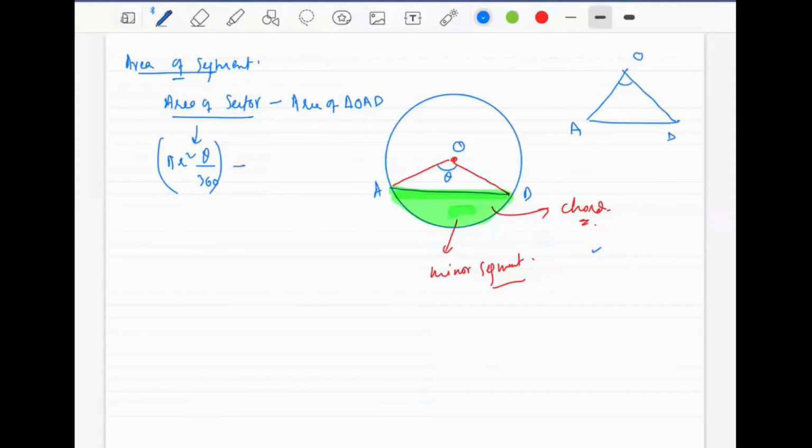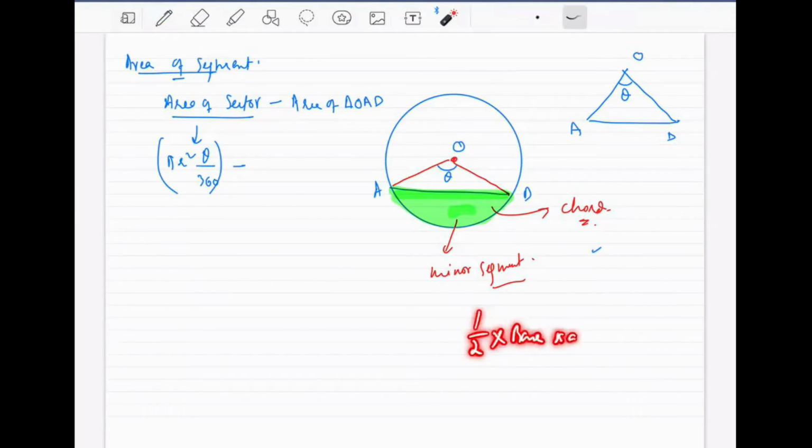How much is this angle? This angle is theta. How to find out the area of a triangle? You know that the area of a triangle is half into base into altitude. If I take OA as base, then we have to draw an altitude. The altitude will be perpendicular. It will look like this.